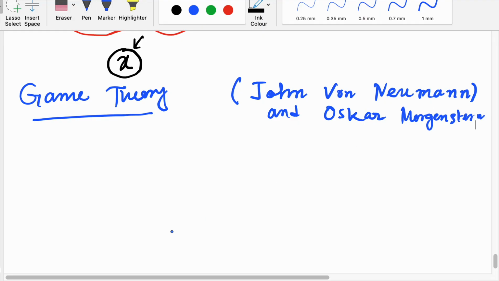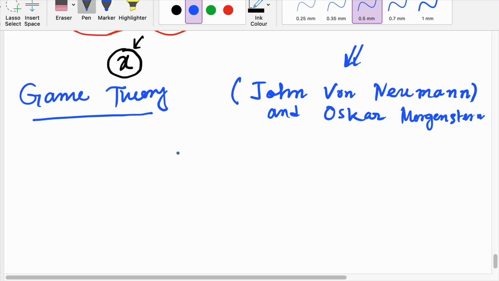They wrote a book about game theory, and the first two chapters of this book are very interesting to read, to see how they introduce the concept of game theory.